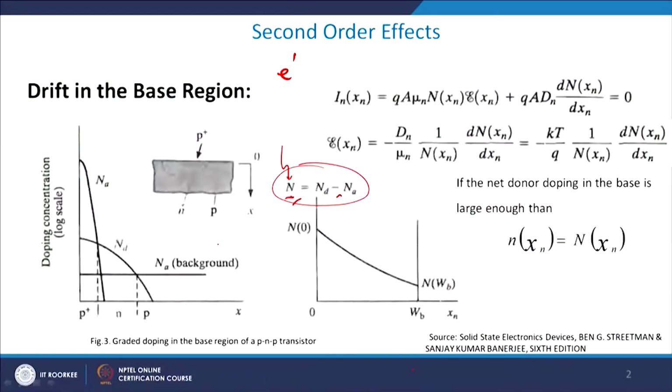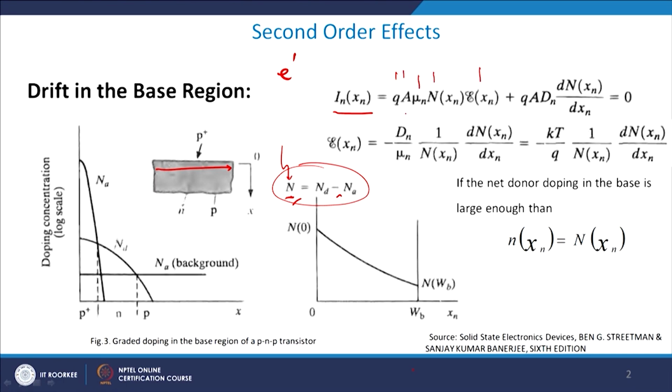Now to understand this, let us suppose I have electrons as the majority current carriers, then I define the current In at any point xn within the BJT. This is the x variation, and it equals q times A times mu n times n(xn) times E(xn).